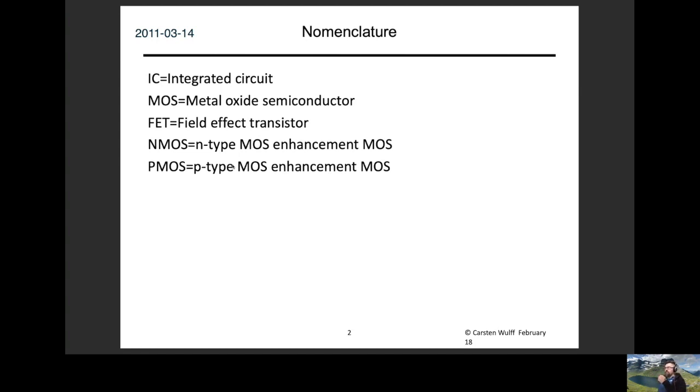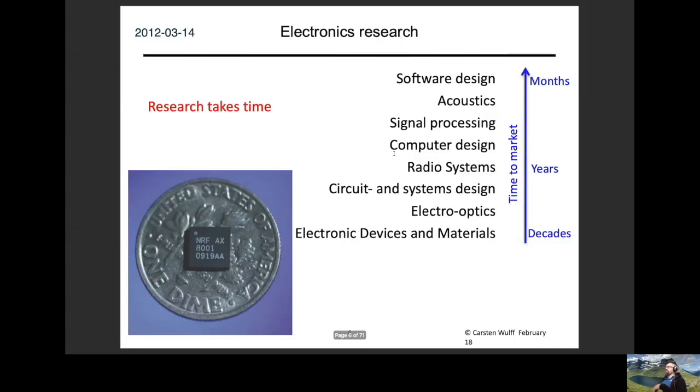And then field effect transistor, that you're able to pull charges or change the charge distribution underneath an oxide depending on the field. And then we have NMOS and PMOS. This is interesting. N-type MOS enhancement MOS. Okay, that seems redundant. Anyway, I'm not going to fix that.